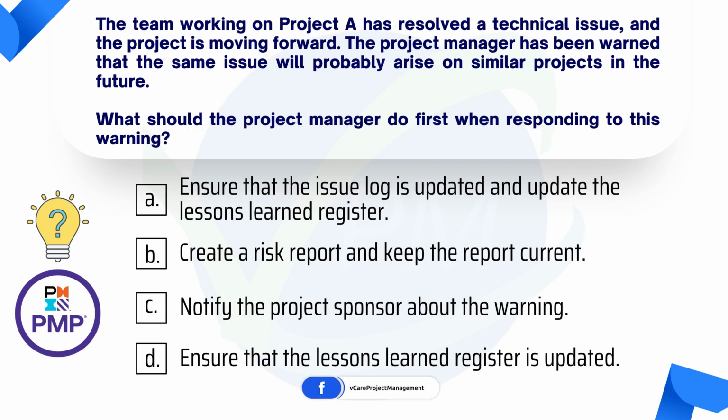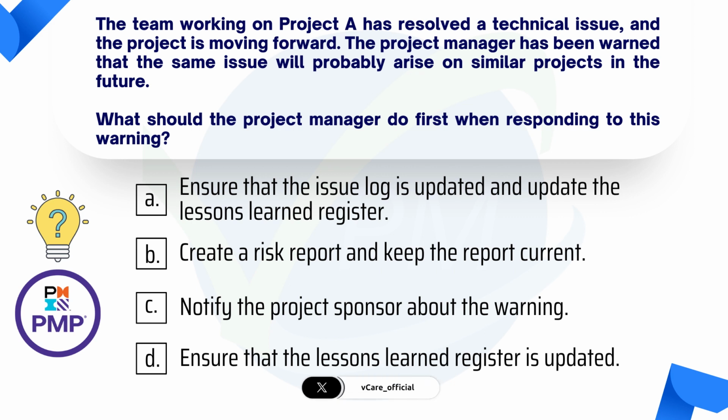The team working on project A has resolved a technical issue, and the project is moving forward. The project manager has been warned that the same issue will probably arise on similar projects in the future. What should the project manager do first when responding to this warning?